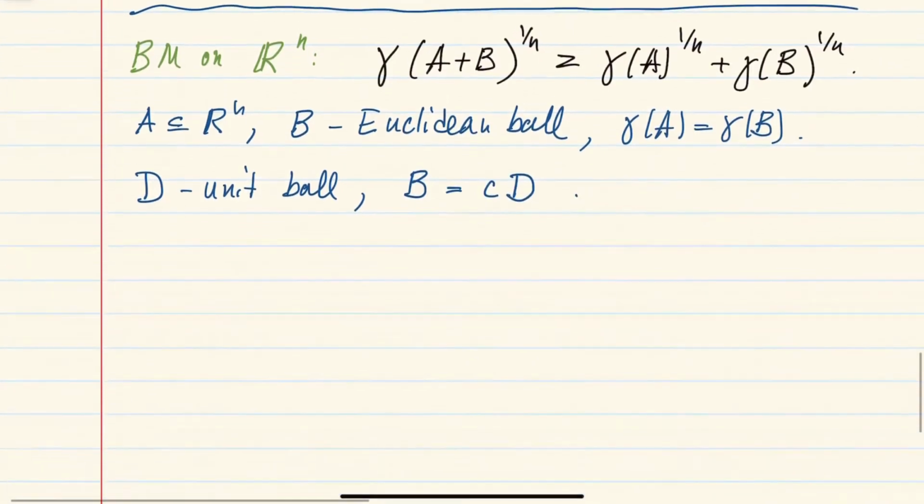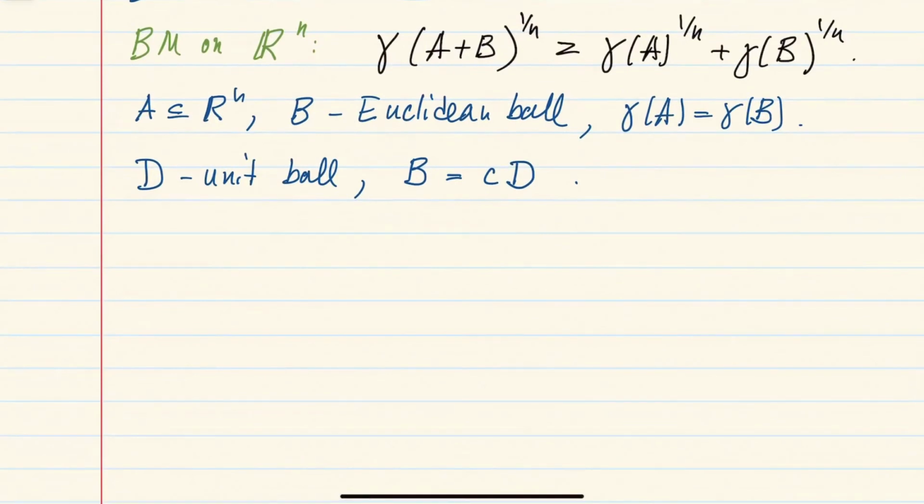And then using this Brunn-Minkowski inequality, one can show that if you start increasing your set, so if you take the epsilon neighborhood of your set A, the volume will be growing faster than the volume of the same epsilon neighborhood of the ball B. So as you start increasing your set and looking at the neighborhood of size epsilon, the volume increases faster.